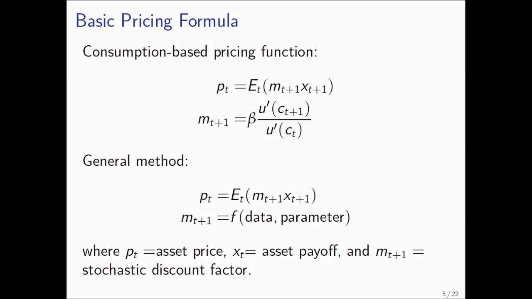This suggests, and in general it is actually true beyond this consumption-based pricing equation, that the price today will be equal to the expectation of future cash flow with what we call a stochastic discount factor, which can depend on data and also depend on parameters.